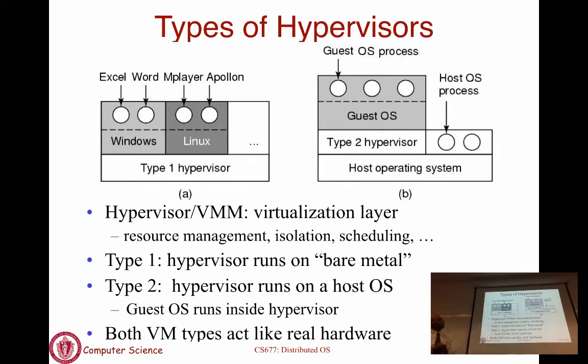But just to come back to this picture, there are two different kinds of hardware virtualization that you encounter. Actually, three. I'll talk about the third type in a couple of slides. There are two listed here: one is called type 1, the other is called type 2. What happens in type 1 virtualization is that the hypervisor actually runs on bare metal. What that means is you do not actually boot an OS on the machine. You boot the hypervisor itself.